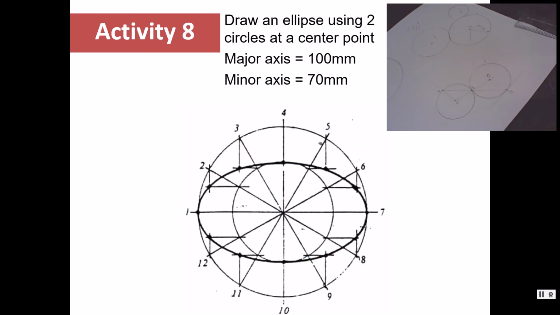Now this is the last activity. We want to draw an ellipse using 2 circles at a center point. Well, actually there are a lot of ways of drawing an ellipse, but this one, what we are going to do is we're going to use a 2 circle method, in which the circle has a major axis of 100 mm and the minor axis of 70 mm. And for this one, I have a video to show you on how to do it.